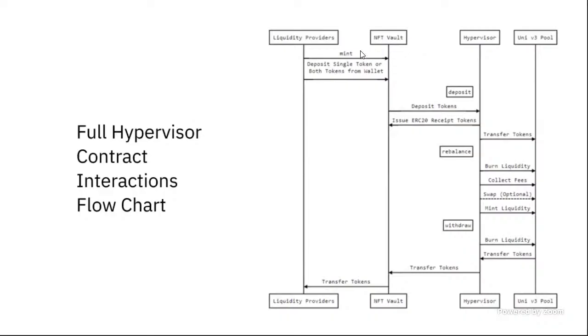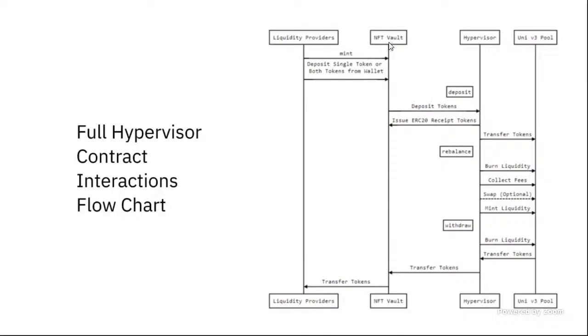And so you first have to mint this NFT, and it's associated with the account where you decided to provide your liquidity. And then you can choose to deposit, which is that deposit function that we saw when we were describing the hypervisor. And as you may remember, you can deposit either single-sided or both tokens from your wallet.